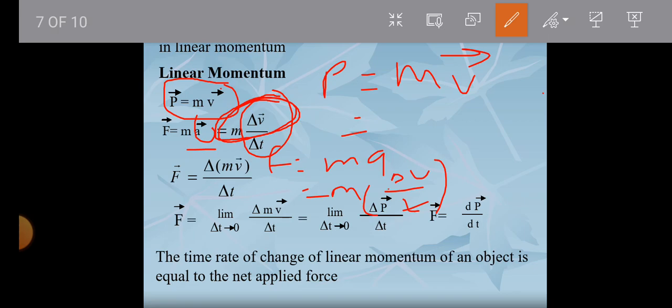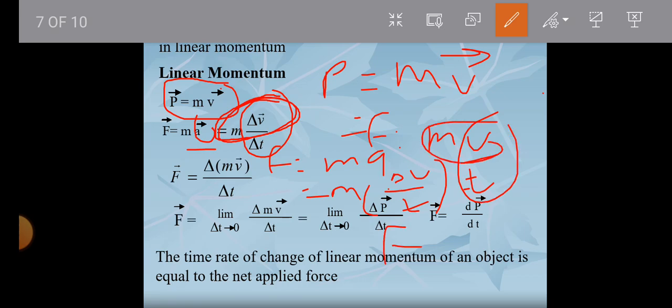Again, we say that force is the same as mass times v over t when we substitute the acceleration. So in other words, force is the same as the rate of change of momentum.